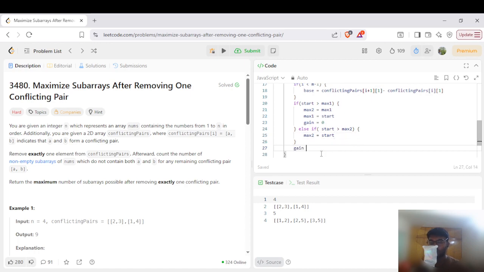And we know the formulas for gain, which we are cumulatively going to add for all the conflicting pairs.